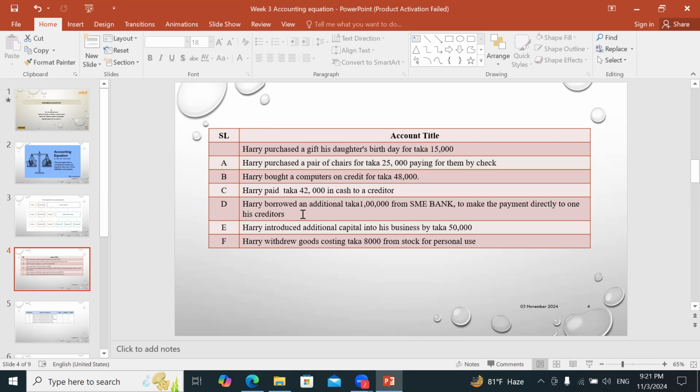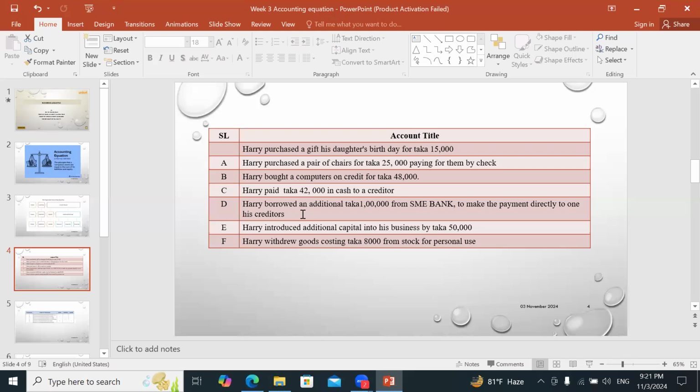Harry, you are liable to pay in the future. So any type of condition to pay in future is a liability.